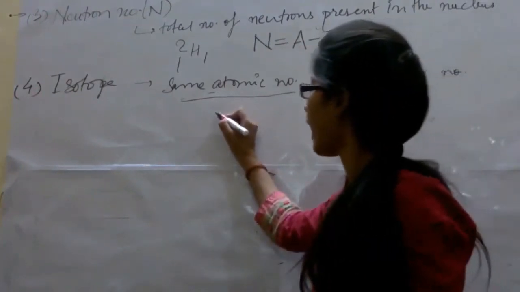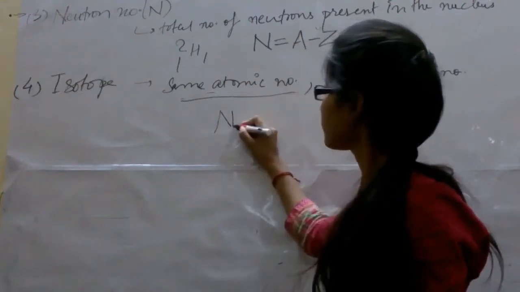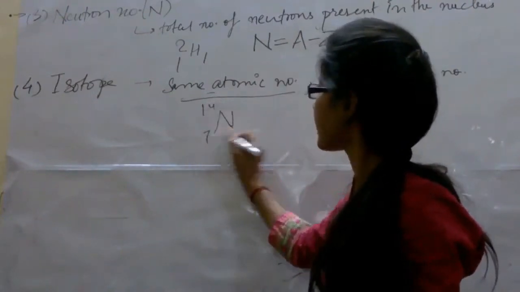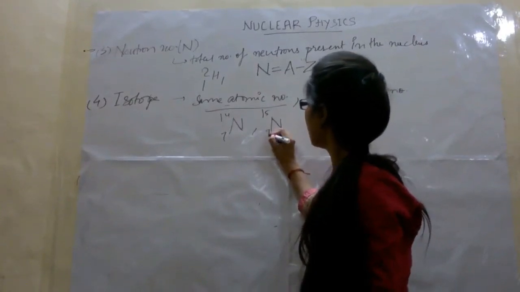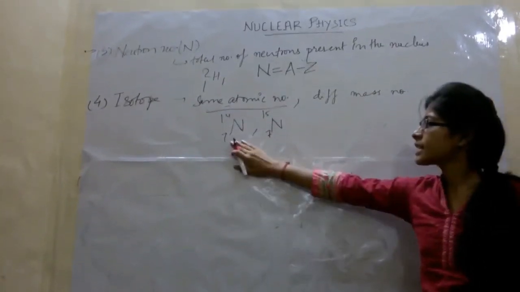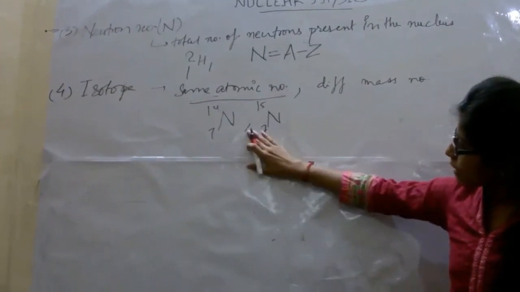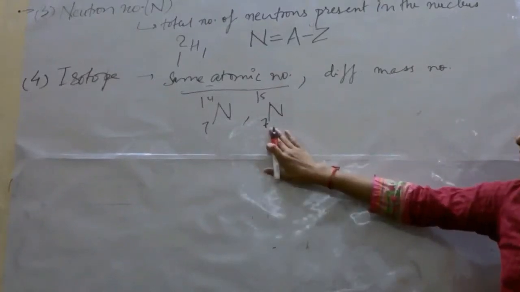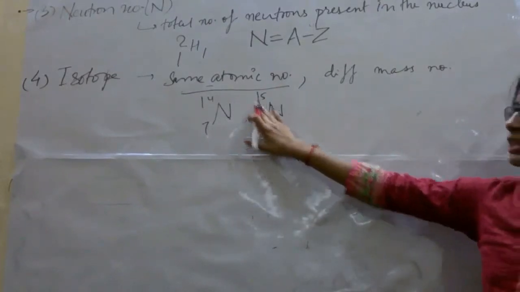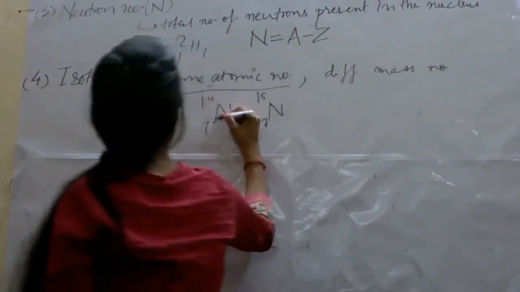For example, we have nitrogen 14,7 and nitrogen 15,7. You can see here the atomic number of both the isotopes is the same but the mass number is different. So they are isotopes of the same element.